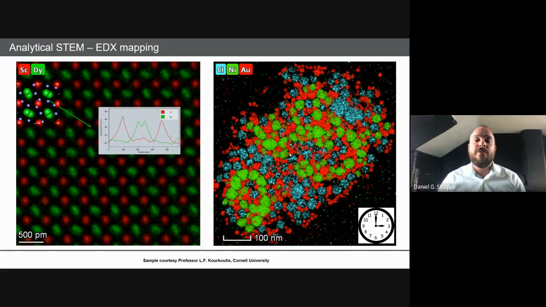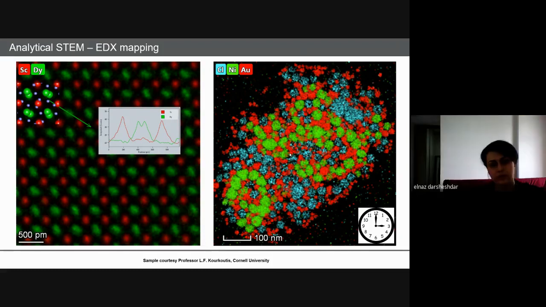When you go to X-ray based techniques, you're talking about a different interaction. Typically you can go through thicker samples, you have a different behavior of multiple scattering, and you get much better energy resolution. So if you want to do fine structure analysis, with a synchrotron, there's no way to beat it with a TEM.